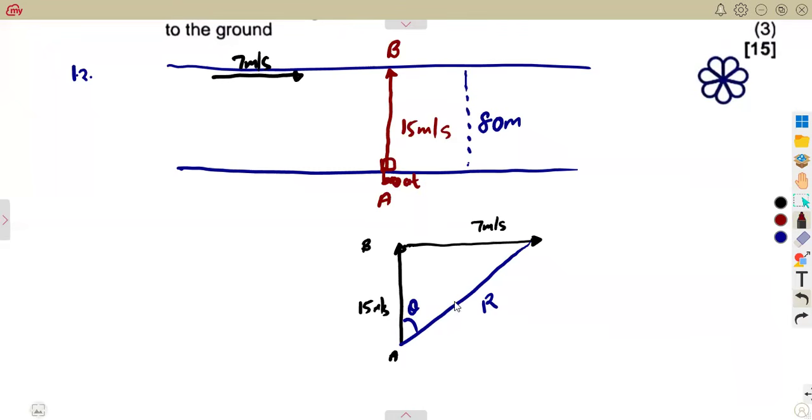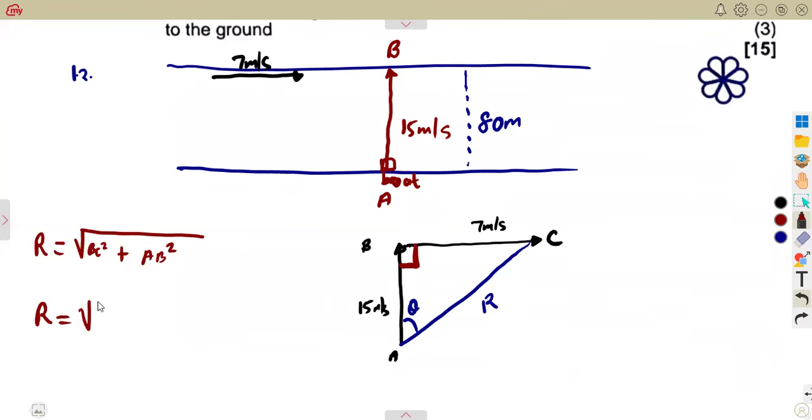The resultant in this case, we can use the Pythagoras theorem because this is a right angled triangle. So from our Pythagoras theorem, R is going to be the square root of BC squared plus AB squared, letting this point be C. Remember Pythagoras theorem.